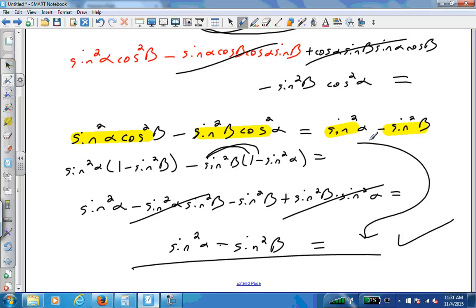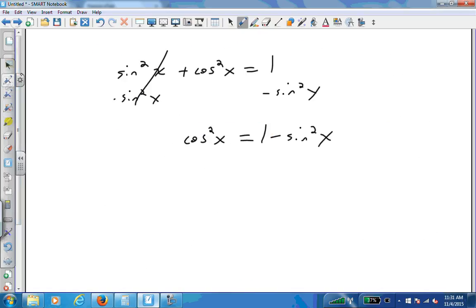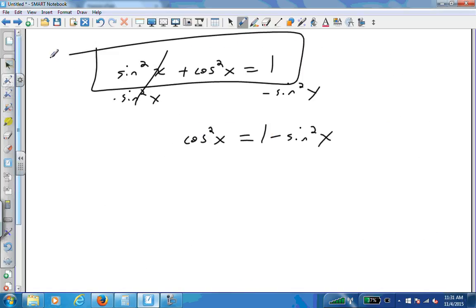We recognize, hey, we only want sines, so we need to do something to get rid of those cosines. Anytime you have a sine squared or a cosine squared and you need to get rid of it, keep in mind we have an identity that we can do that with. Sine squared plus cosine squared is 1, so if we want to get rid of sine squared, solve it for sine squared and replace it with the other side.